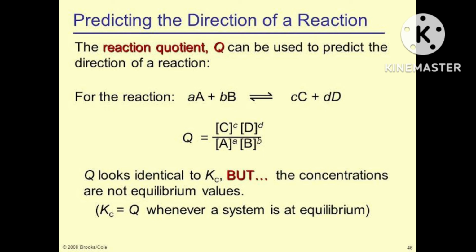In the reaction, 1 mole N2O4 gives 2 mole NO2, so delta n is 2 minus 1, which is 1.